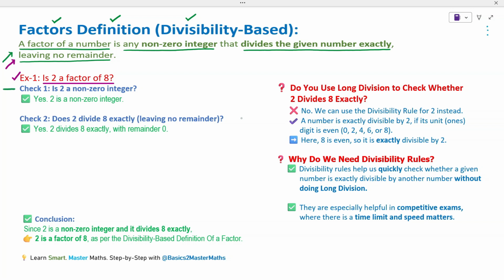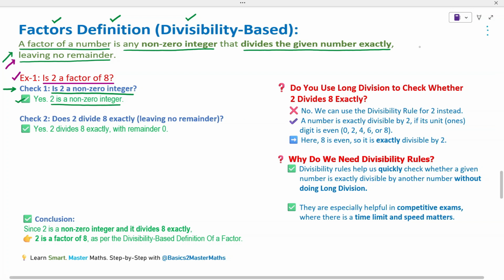Point number 1. Is 2 a non-zero integer? Yes, 2 is a non-zero integer. Point number 2. Does 2 divide 8 exactly?